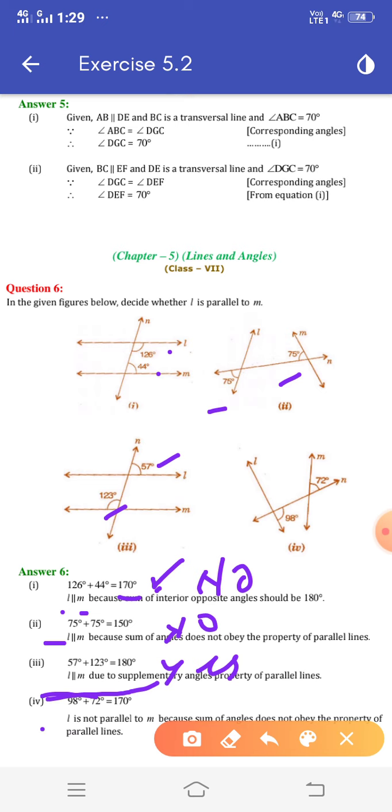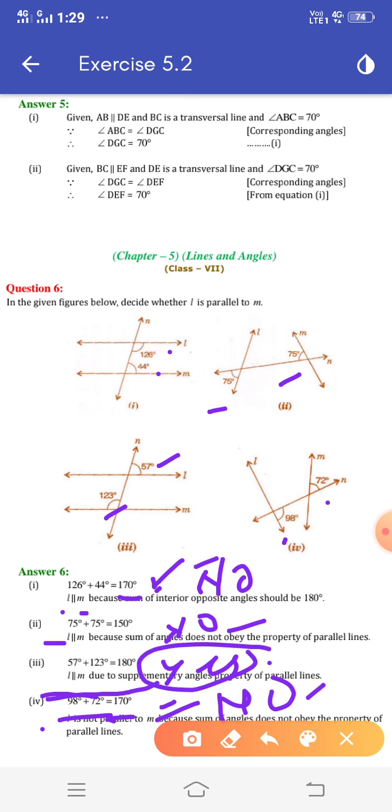And in the fourth part, when we add both of these, it makes a sum of 170 degrees. Sorry, for parallel lines the sum of these should be 180 degrees, so it will be no. Three answers are no and only one answer is yes. Okay students, so only in the third part, L is parallel to M.